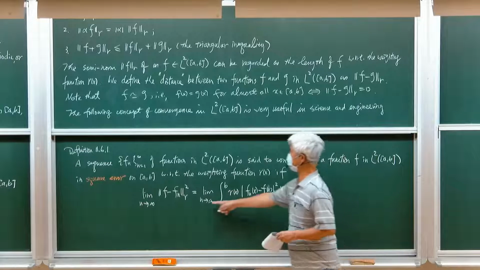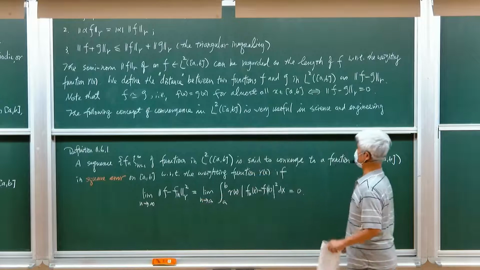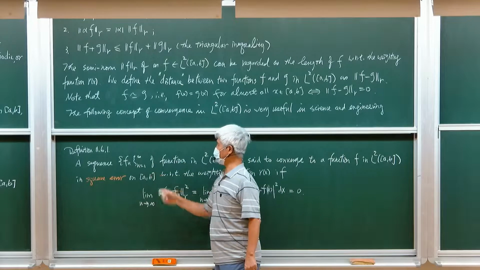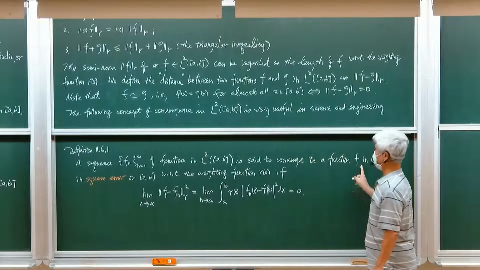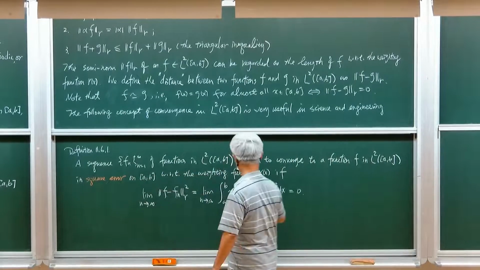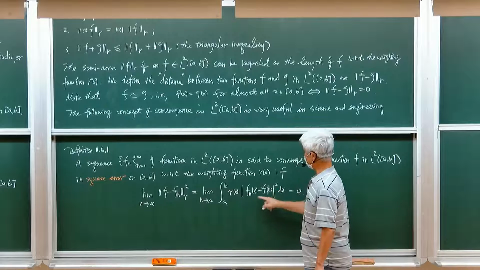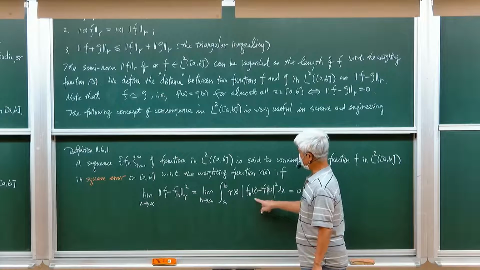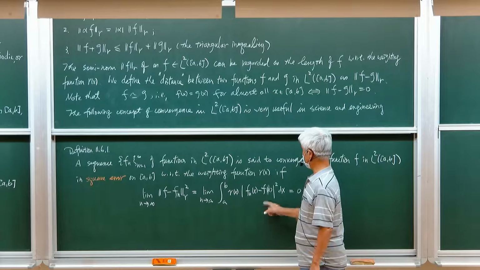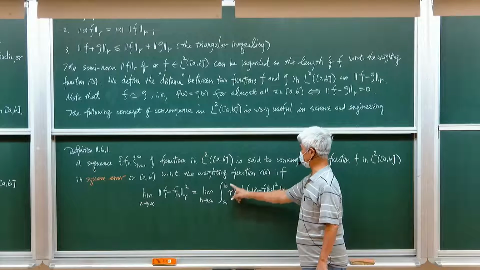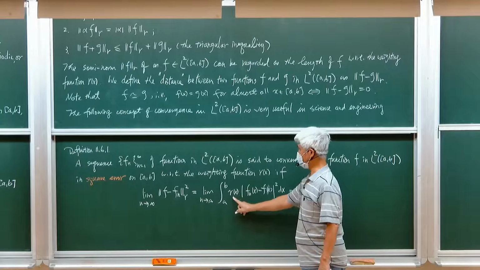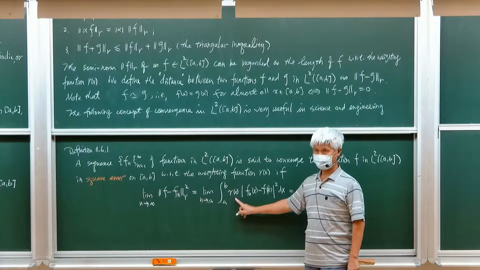So when we have this limit, we say that such a sequence converges to f in square error. Here we have the squared error, the integral over all x in the interval from A to B, weighted by the weighting function r of x.